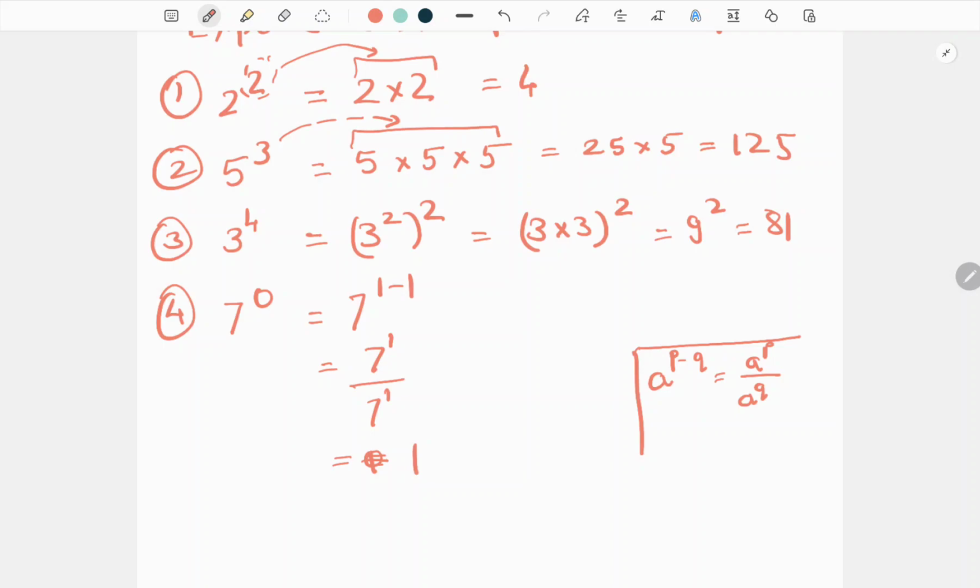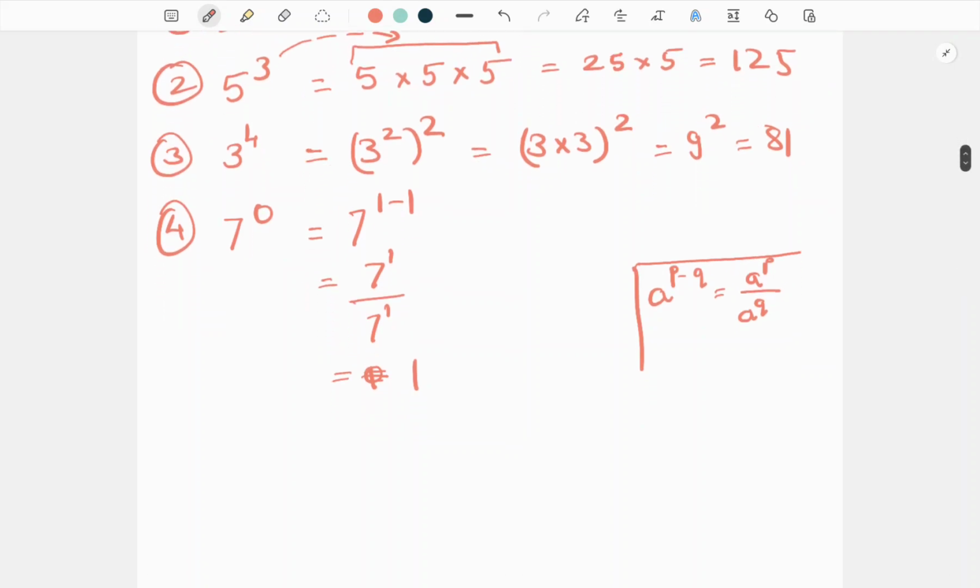Or there is another way of looking at it, for those who know that the empty multiplication is 1. The multiplicative identity is 1, and it's like saying that I'm multiplying with no numbers at all. It's an empty multiplication. So a to the power 0, where a is non-zero, is equal to 1.